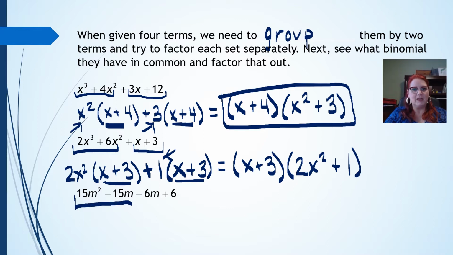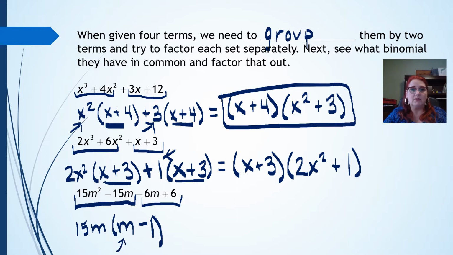One more time. We've got 15m squared minus 15m. And this was minus 6m plus 6. So that first pair, 15m squared minus 15m, we're going to have 15m in common, leaving us with m minus, and 15m divided by 15m is not nothing, it's 1. So we want to write that 1. Now when I'm factoring this one, I'm going to factor out a negative number because I want my binomial to start with an m.